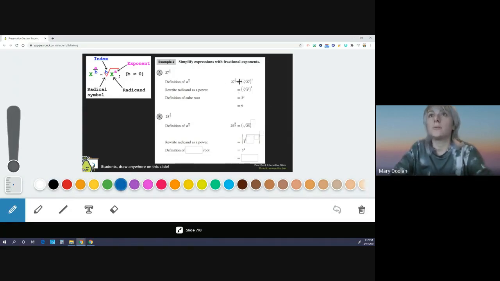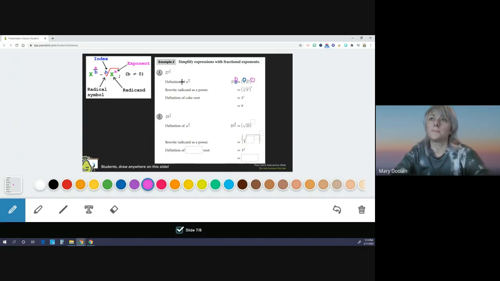Our denominator, which is 3, goes here, right? See that? And that happened over here. The denominator, in the bottom of the fraction, became the index. And then our numerator, that number you see here, is going to become the exponent.